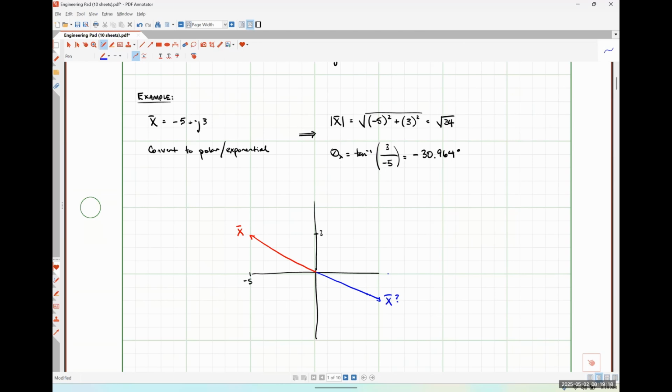So as it turns out, these two complex numbers are exactly 180 degrees away from each other, okay? So this angle right here is exactly 180 degrees. The reason why this error occurred is because the inverse tangent operation on your calculator can't tell the difference between a negative sign in the numerator or a negative sign in the denominator.